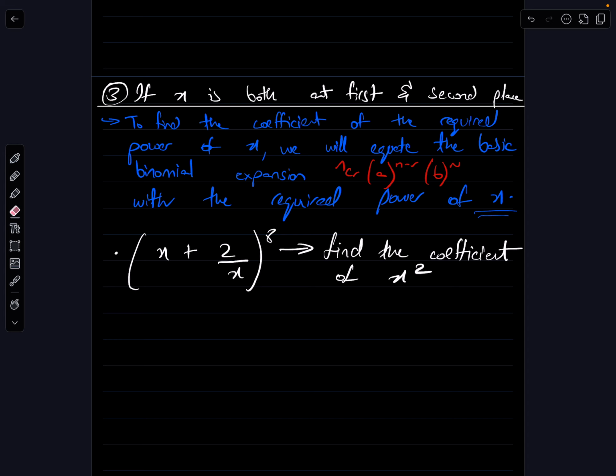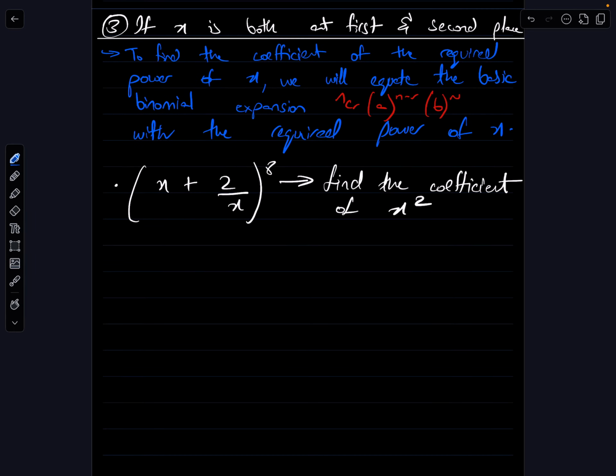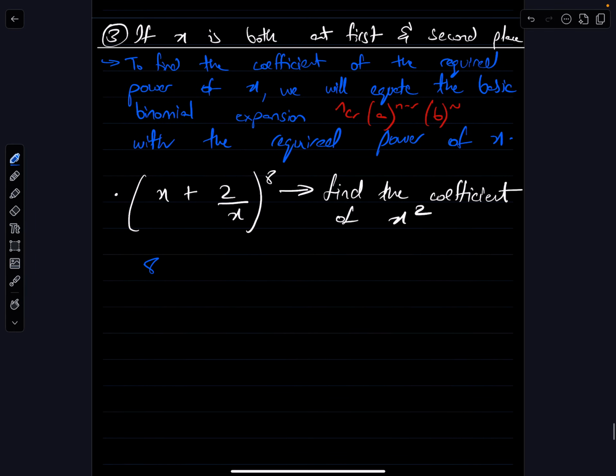For example, in this case, x is both at the first place and also the second, and we need to find the coefficient of x squared. So equating the basic binomial expansion means something like this. We know the value of n, so it's 8. C will remain as it is.